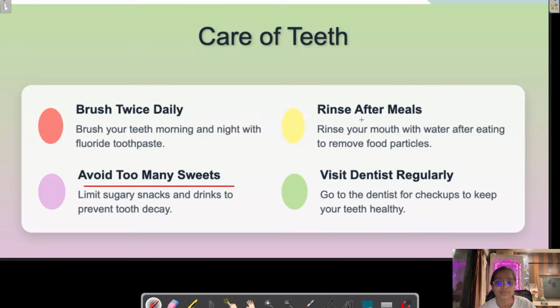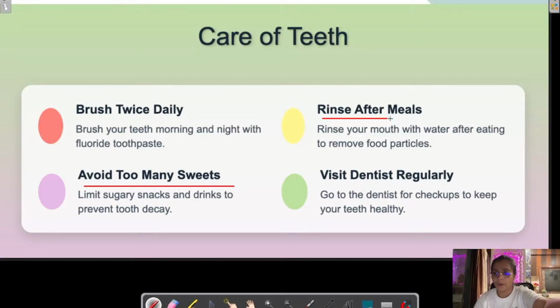Then rinse after meals. When you are eating food, then after eating you have to rinse your mouth. Means you have to wash your mouth. You have to take water in your mouth, rinse, and then throw it out. It will remove all the food particles in your teeth.